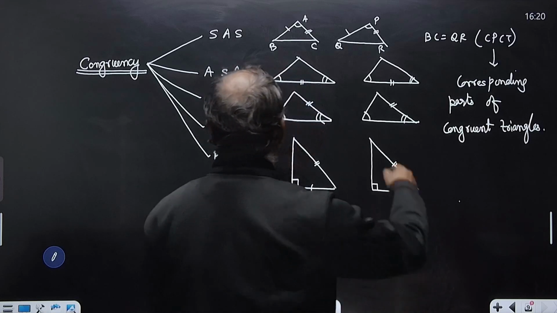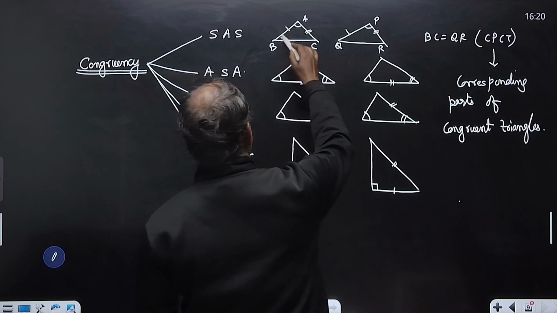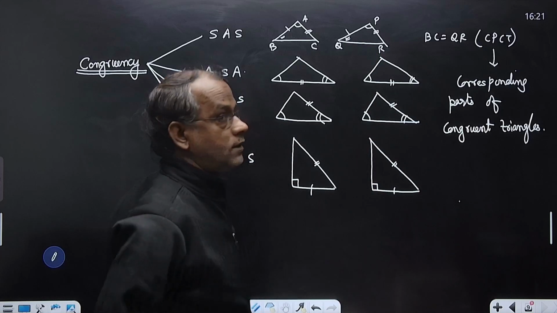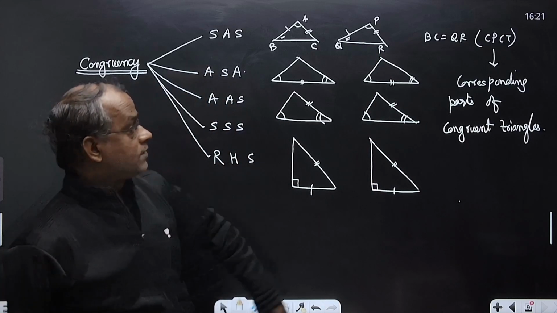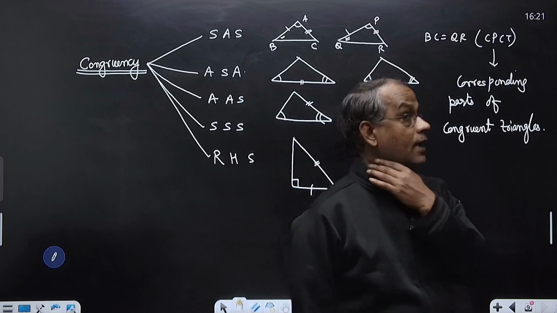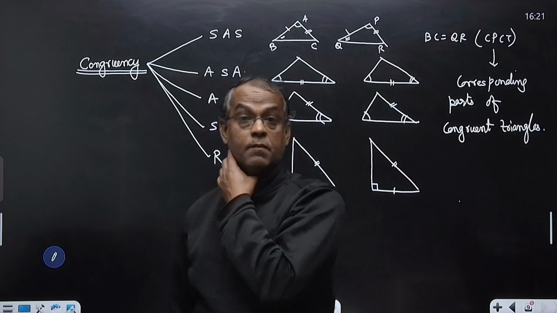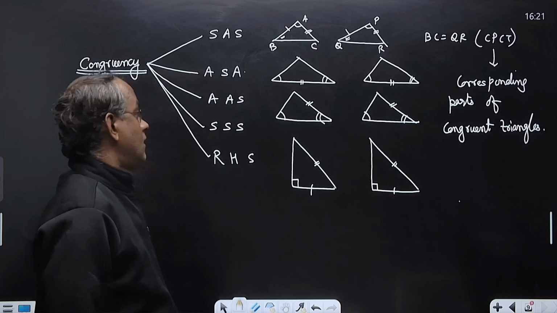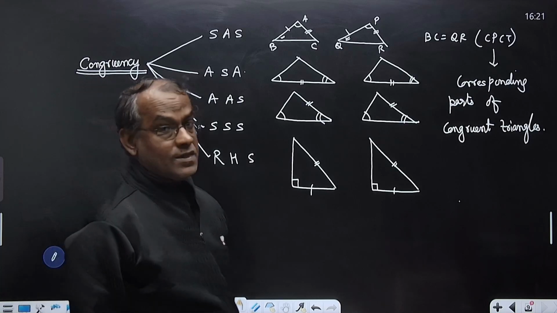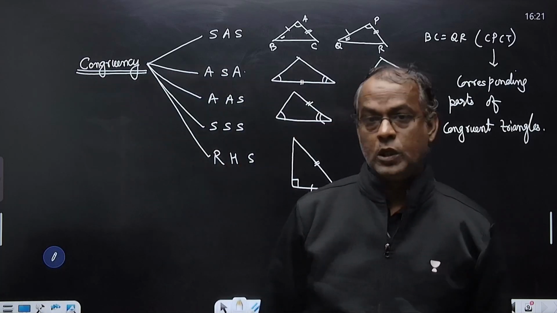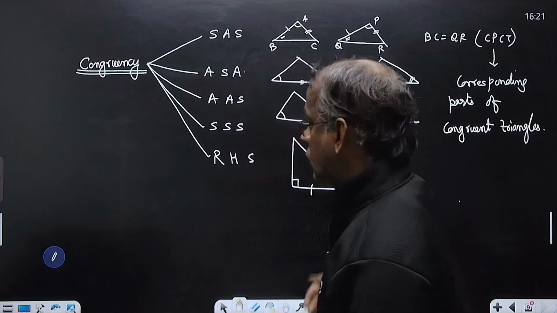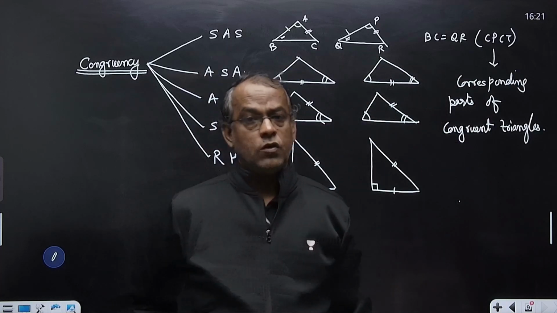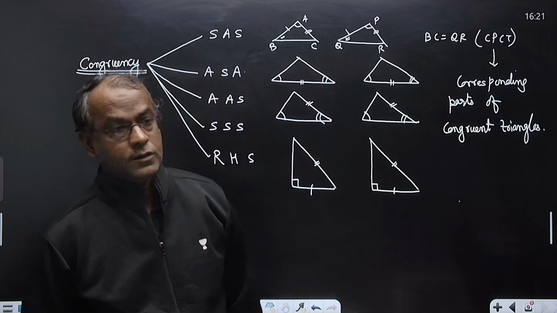Or we say that angle ABC is equal to angle PQR. So we simply write CPCT. Why? Because they are corresponding parts of two congruent triangles, hence they are equal. So congruency is very much used in dealing with problems, and as we move on we will also see similarity.